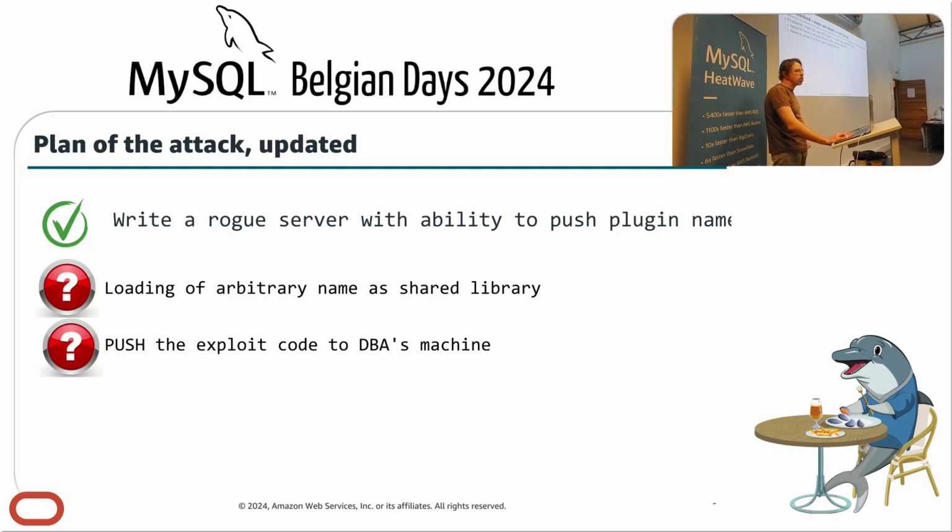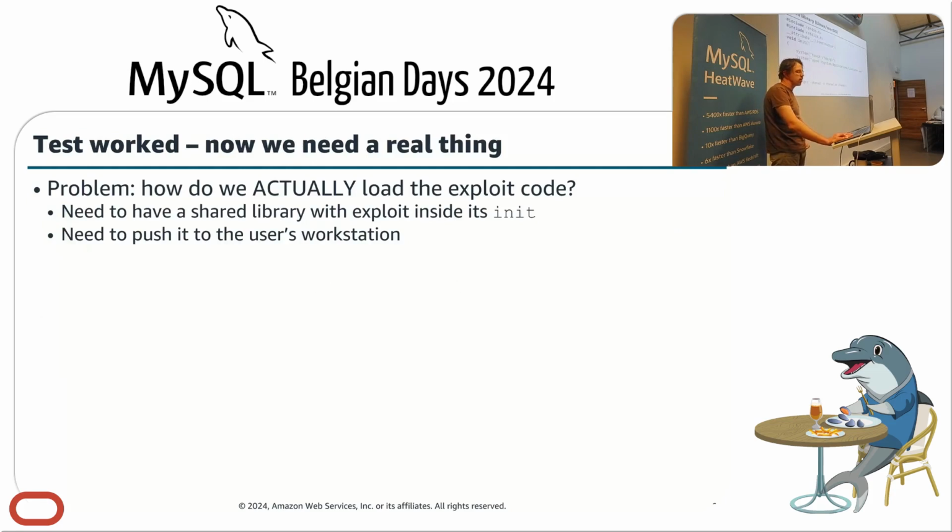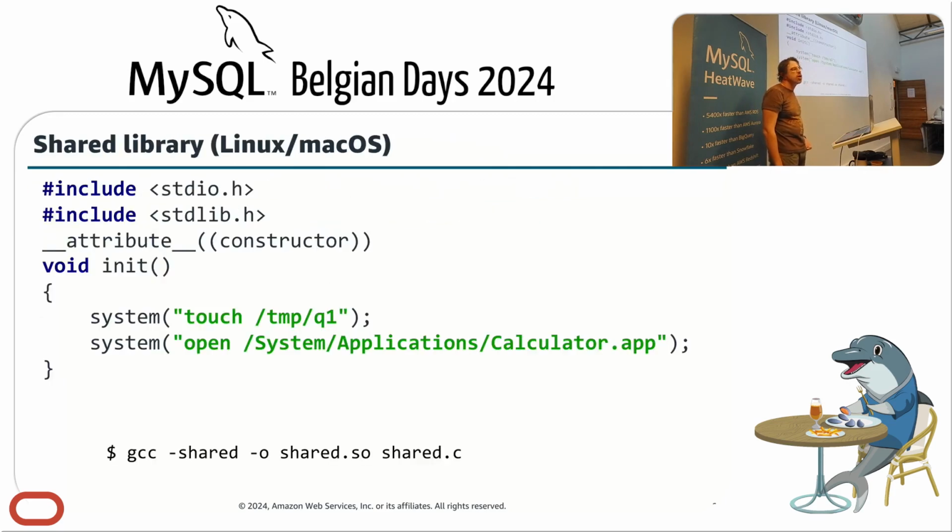So how do we actually load the exploit code? I would start thinking, well, I need to create a plugin. I took the code from the MySQL server implementing the plugin, and then I realized I don't need this. When you load the shared library, there's a constructor, there's an init, and a destructor. So I just put this thing in it. That's it.